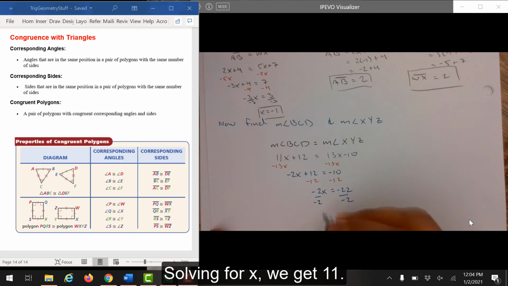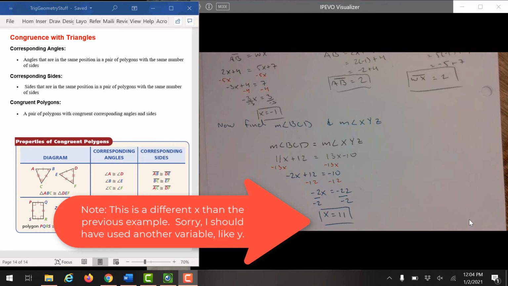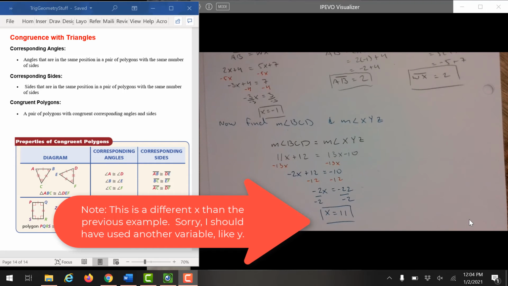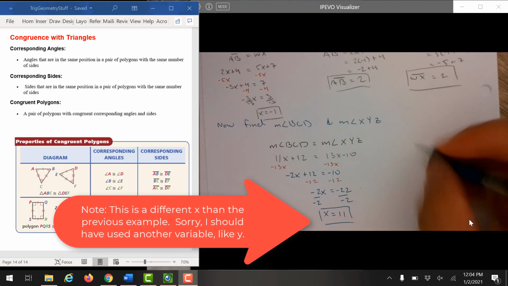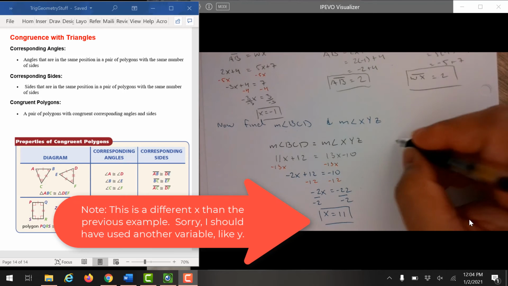Solving for x, we get 11. Note, this is a different x than the previous example. Sorry, I should have used another variable, like y.